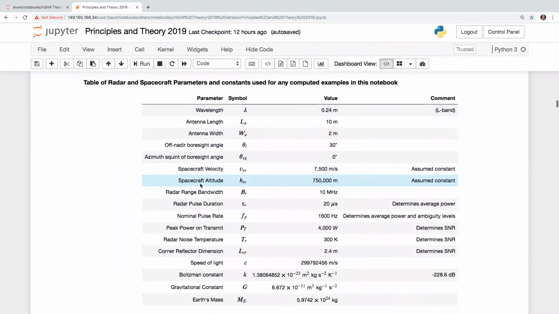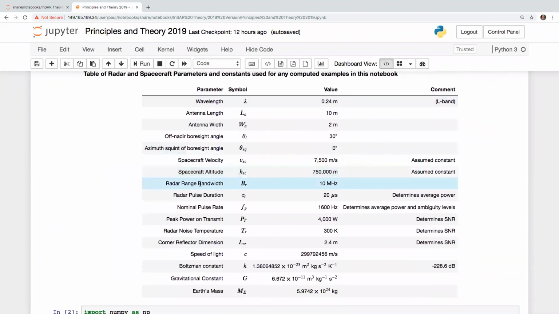If you were running some of the examples in this and in the companion SAR processing spreadsheet, I have defined for you a number of parameters of a spacecraft flying along a regular trajectory above a flat Earth. That would allow you to compute some quantities in this spreadsheet. In this notebook later, there are a few simple equations that I was able to put in that we can play with if we want to, or you can play with on your own.